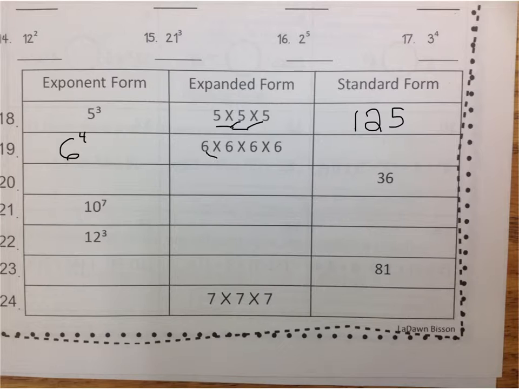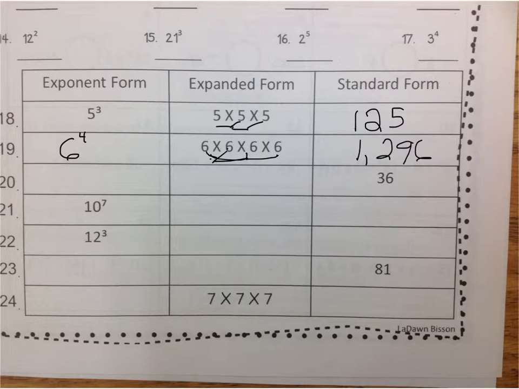So I do 6 times 6. That equals 36. And then I'm going to do 6 more, or times 6 more. I'm going to get my calculator up here. Okay. 6 times 6 equals 36, times 6 equals 216, and then times another 6 equals 1,296. 6 times 6, that times 6 more, that times 6 more.